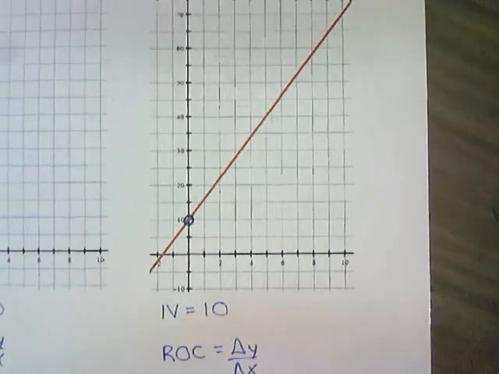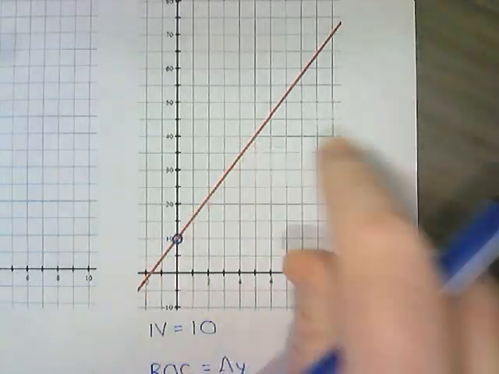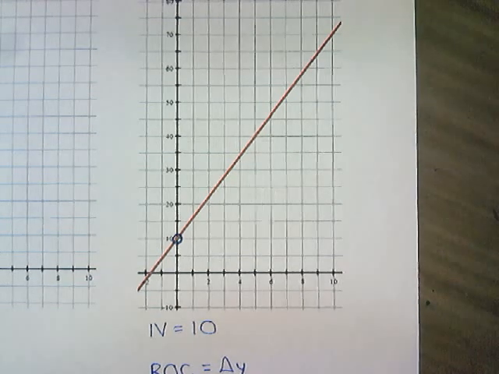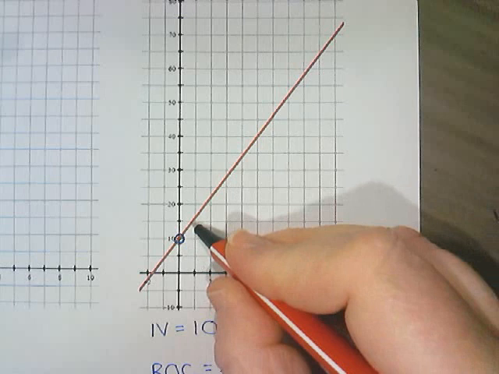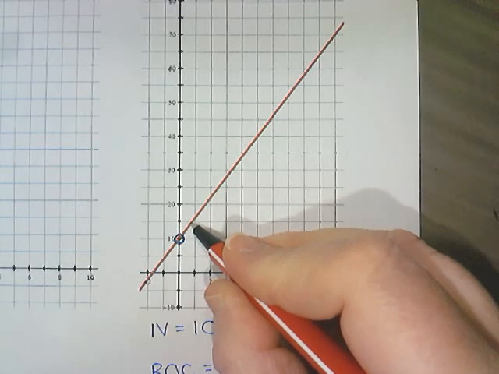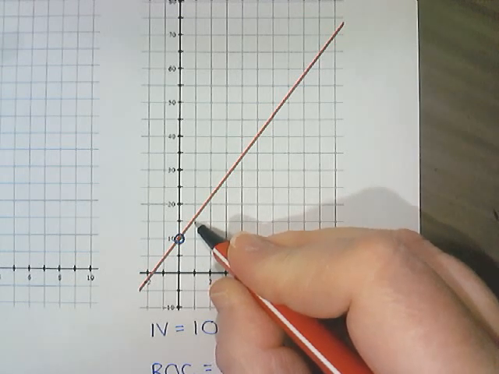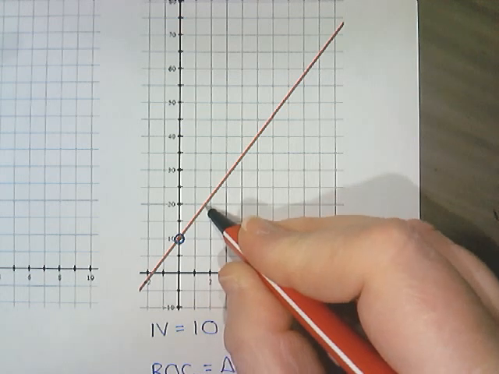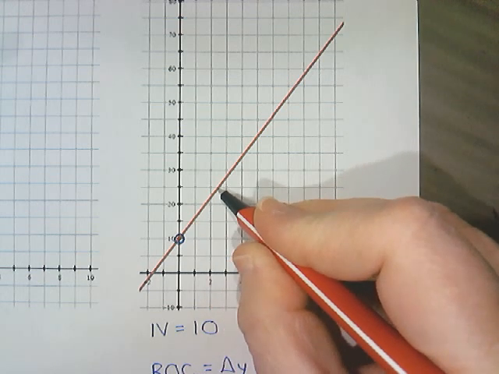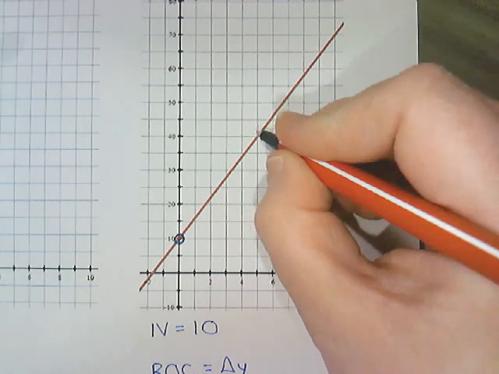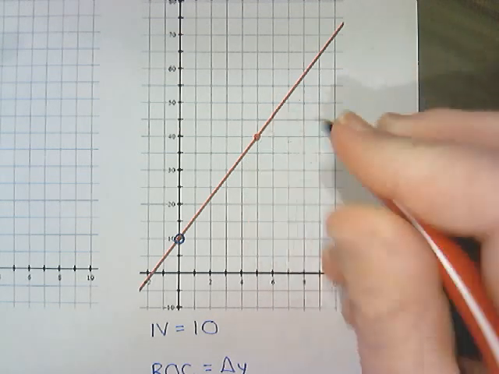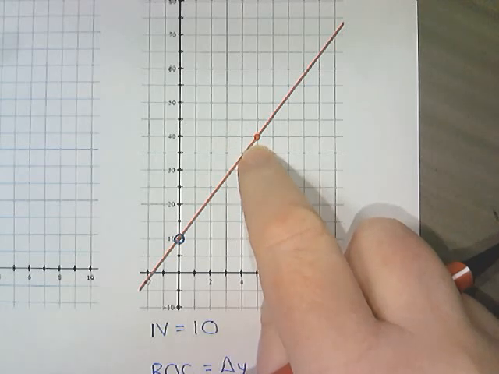So what I need to do is find more points on the line. So my initial value is good. This does not look like it's on the corner of a grid line. It's really close, but it's not quite there. That's not on a grid line. That's a little off. I kind of think it's right there, right?